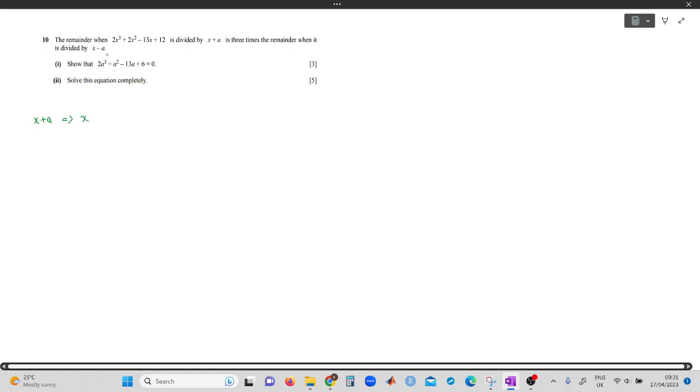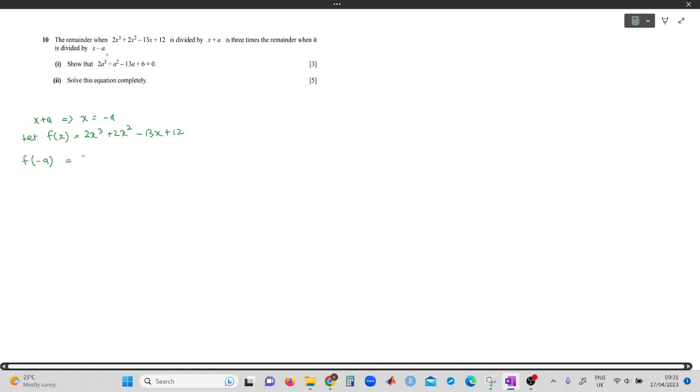This means that x equals to minus a. So, let the function f of x, you define it avant. Là, nous essayons de trouver f of minus a, c'est quoi? Donc, tout simplement, we have to replace.